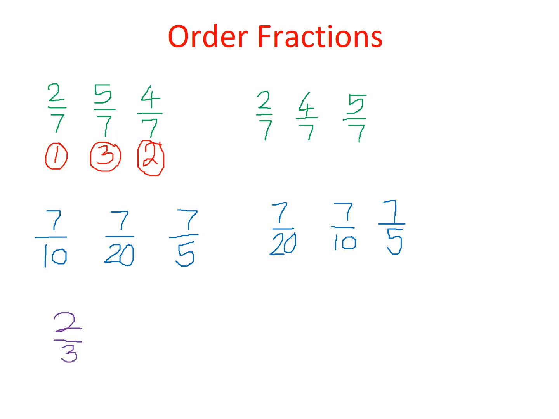We also have, let's see, 1 over 4, and 3 over 5. How do we order these numbers?